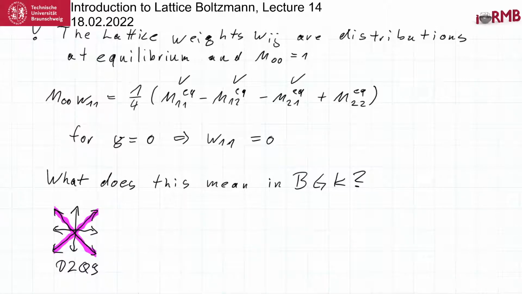So if their omega is equal to 0, what this implies is that we go from this lattice to this lattice, so it still has 0 velocity, and this lattice is called D2Q5. So we have eliminated four degrees of freedom, so we can use a smaller lattice.